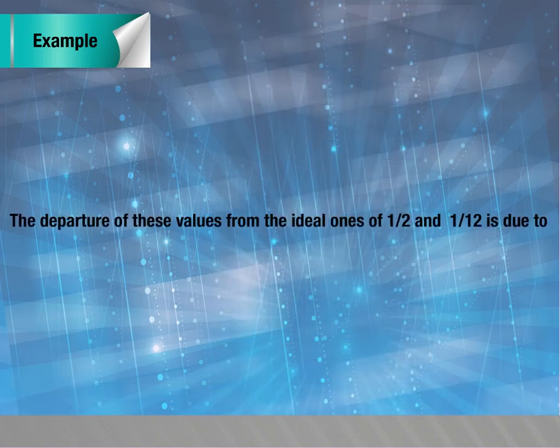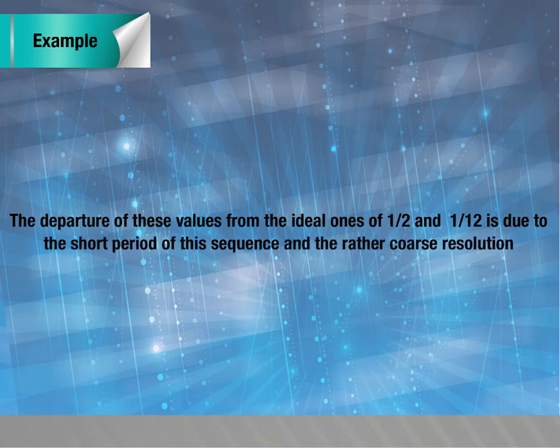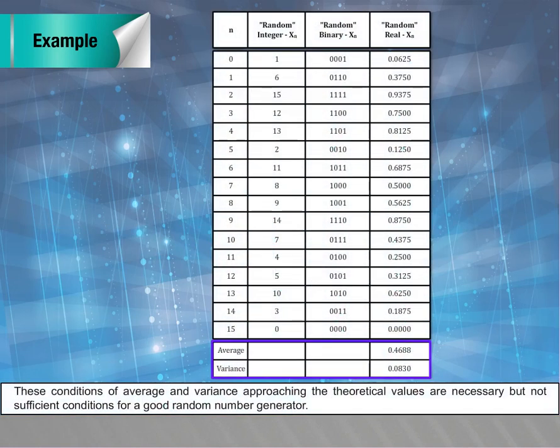The departure of these values from the ideal ones of 1/2 and 1/12 is due to the short period of this sequence and the rather coarse resolution of the generated real numbers. These conditions of average and variance approaching the theoretical values are necessary but not sufficient conditions for a good random number generator.